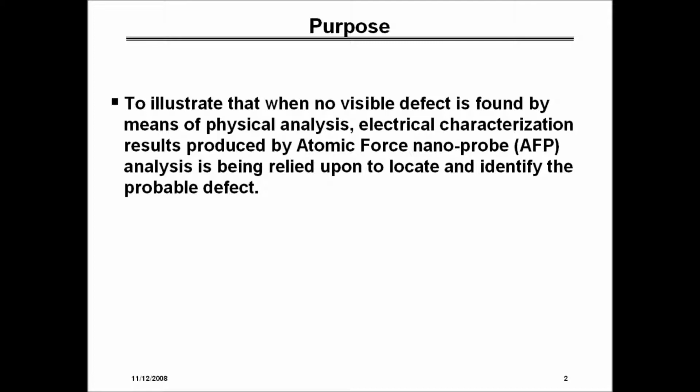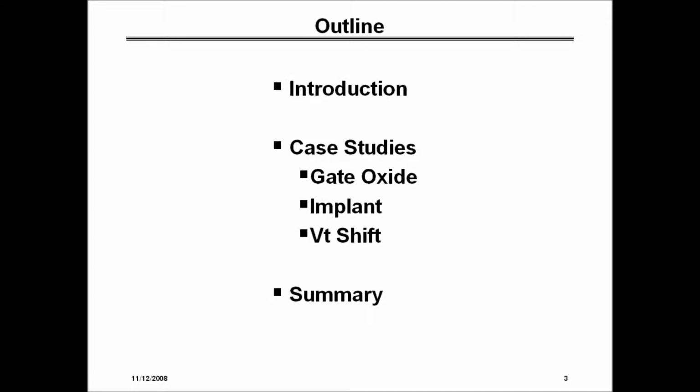However, when we've gone to sub-100 nanometer technologies, the problem is that they're having more and more yield problems where we just can't visualize the defect, and so they have to rely more on the electrical characterization results, and that's the reason for this presentation.